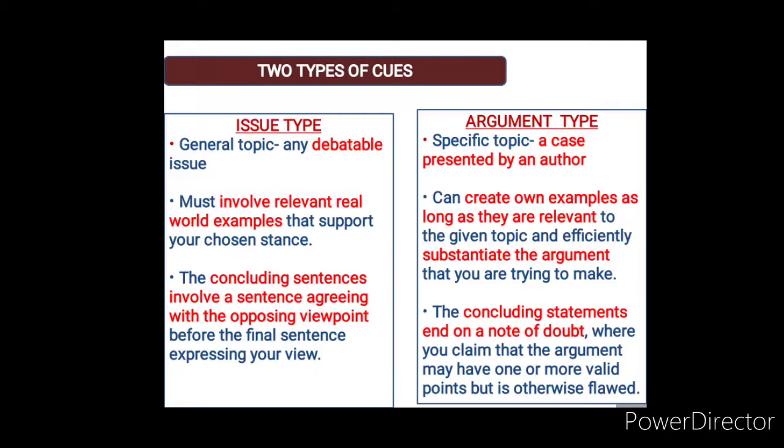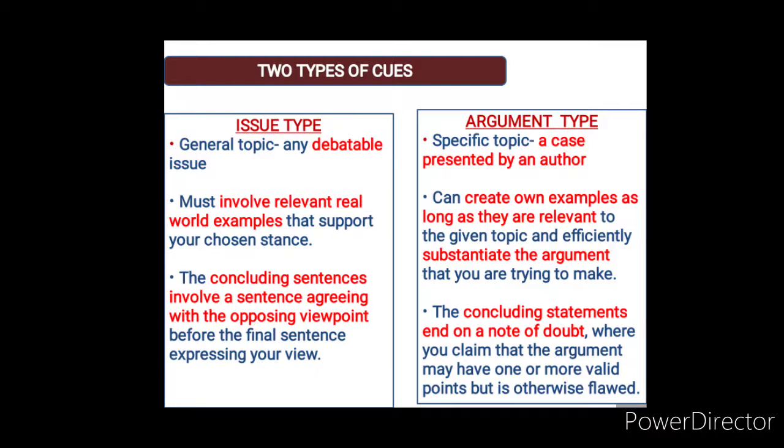In issue type cues, you must involve relevant real-world examples that support your chosen stance. The concluding sentences involve a sentence agreeing with the opposing viewpoint before the final sentence expressing your view. In argument type, you can create your own examples as long as they are relevant to the given topic and efficiently substantiate the argument.